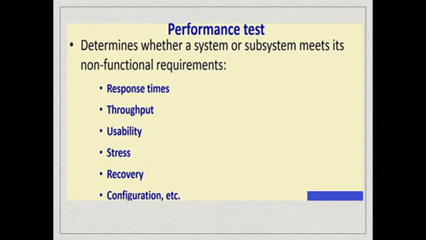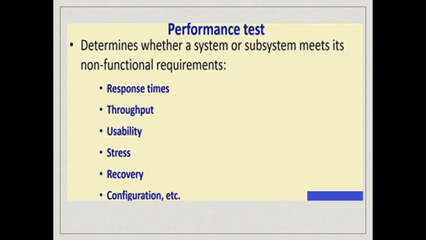The performance test determines whether a system or a subsystem satisfies the non-functional requirements. So both the functionality and the performance tests in system testing are designed based on the SRS document. The functionality tests are designed based on the functional requirements and the performance tests are designed based on the non-functional requirements.